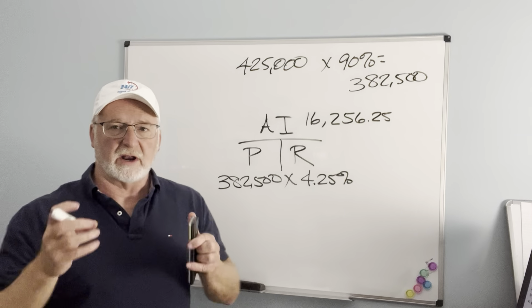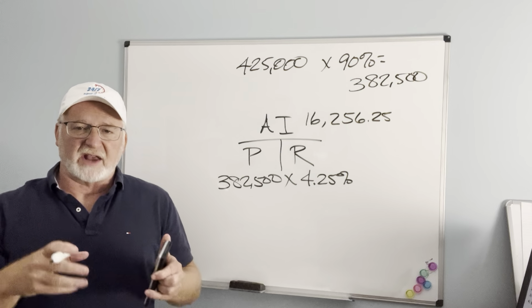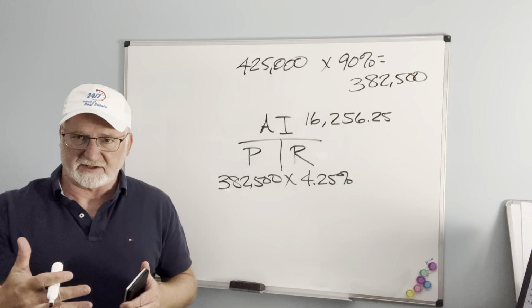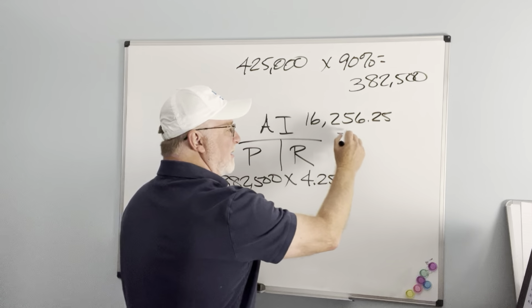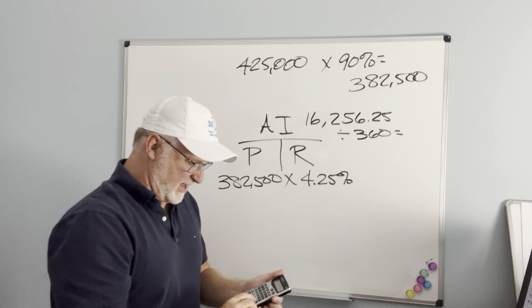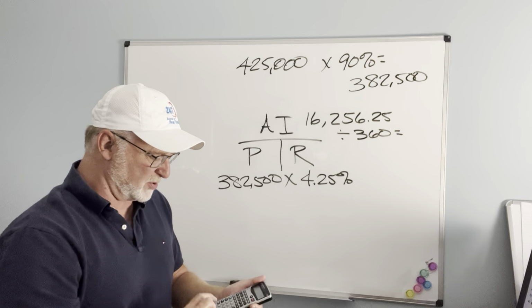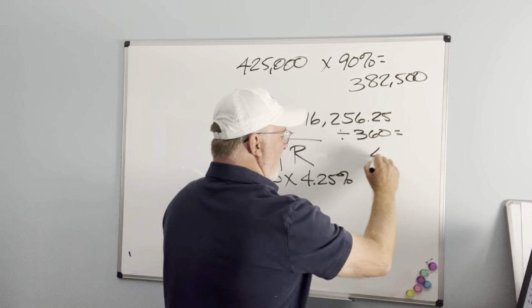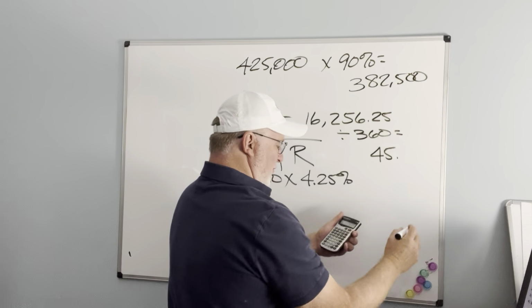But when we're solving an interim interest question, we need to know the daily interest. So we divide that number by 360, and you will find her daily interest is $45 and roughly 15.